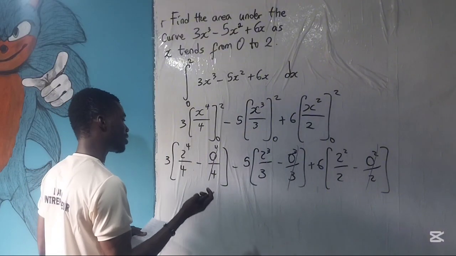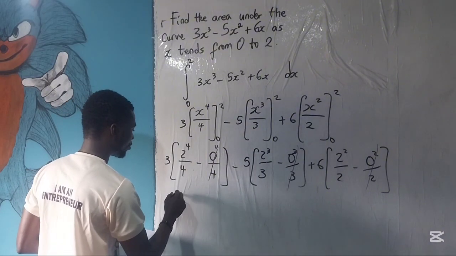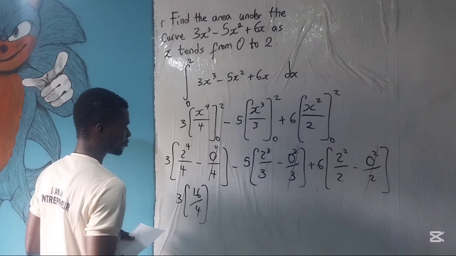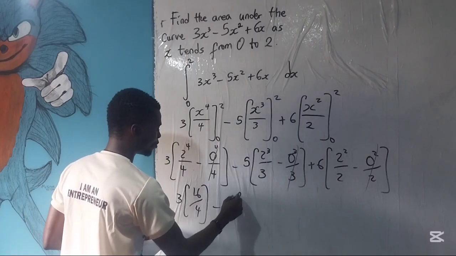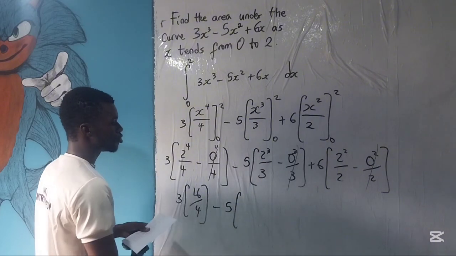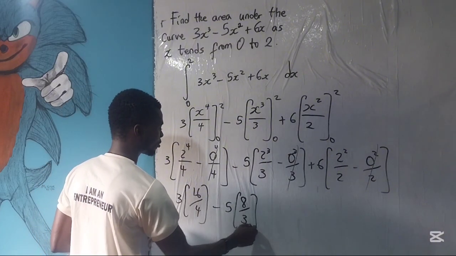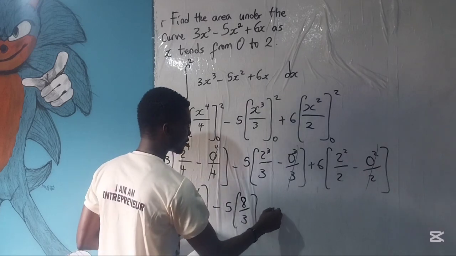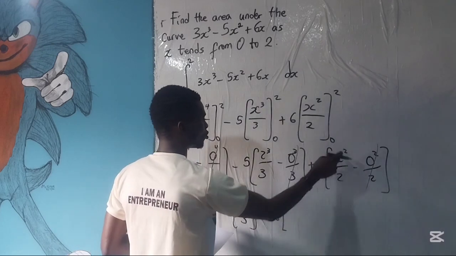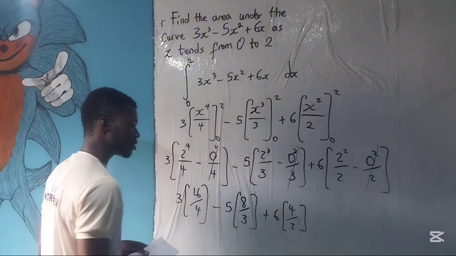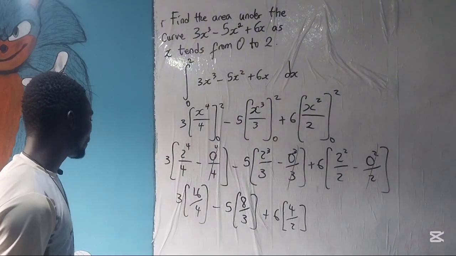Now we expand this one and solve. So that means you have 3 into the bracket of 2 raised to power 4, which is 16, divided by 4. Then minus 5 into 2 raised to power 3, that's 8, divided by 3, plus 6 into 2 raised to power 2, that's 4, divided by 2.